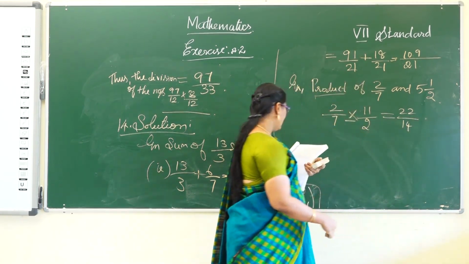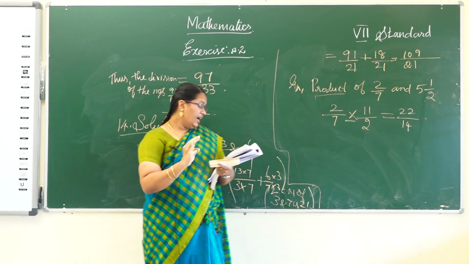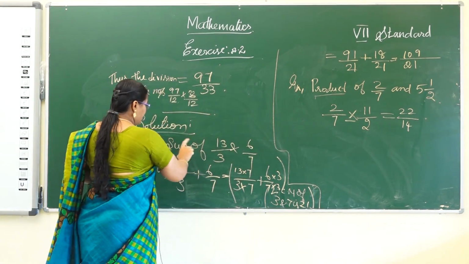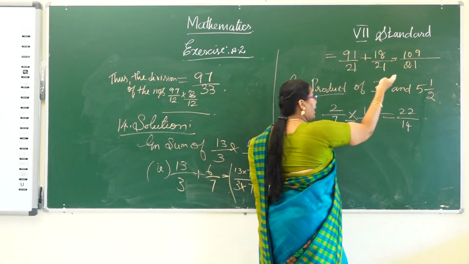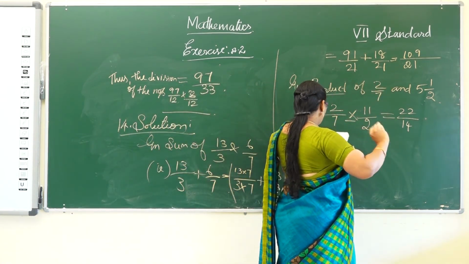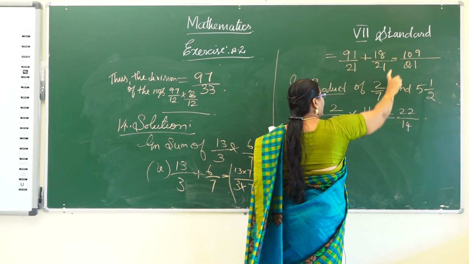Okay, so what is the condition given? To divide the sum value by the product value. The sum value is 109 by 21, and it says to divide by the product.